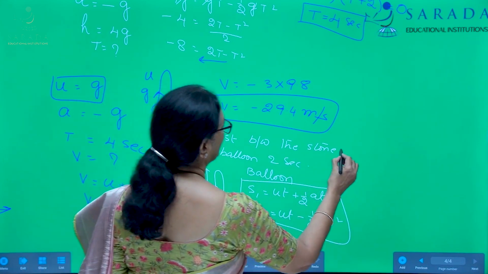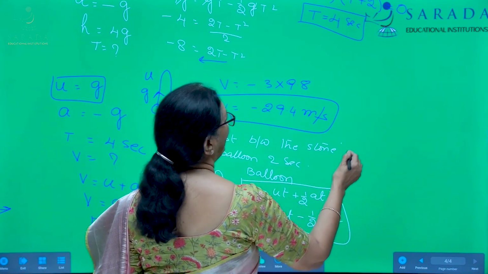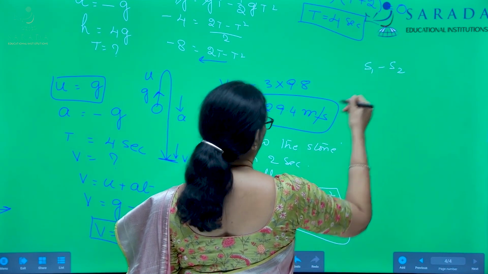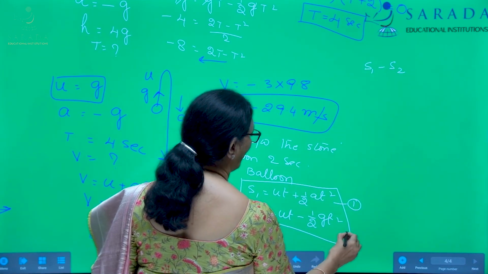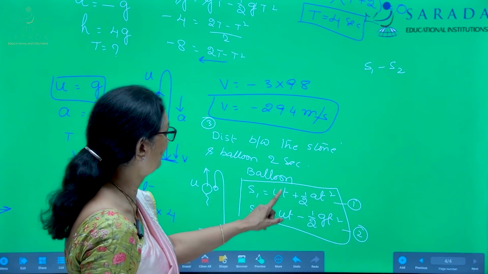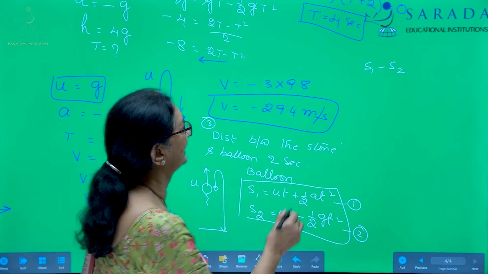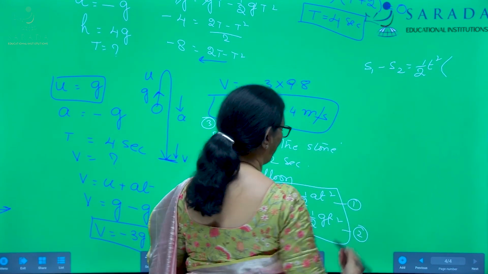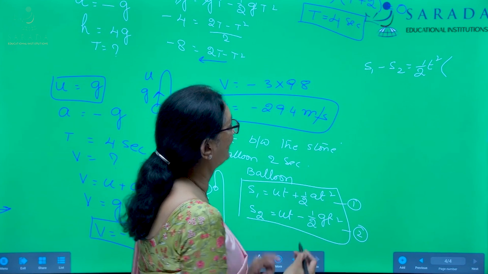The distance between the stone and the balloon is S1 minus S2. This is equation 1, this is equation 2. From these two equations, in S1 minus S2, ut gets cancelled. It is half t square, taking a plus g as common factor.